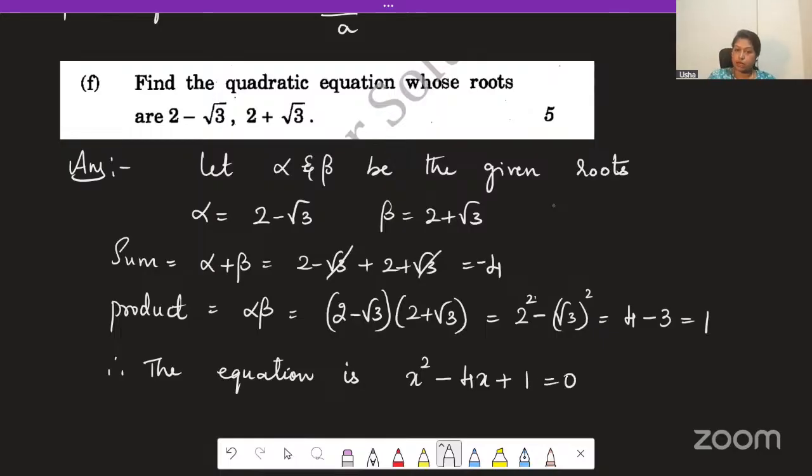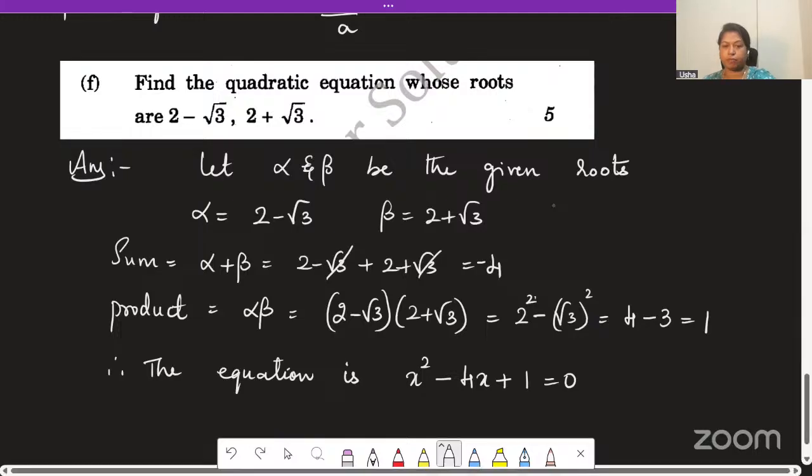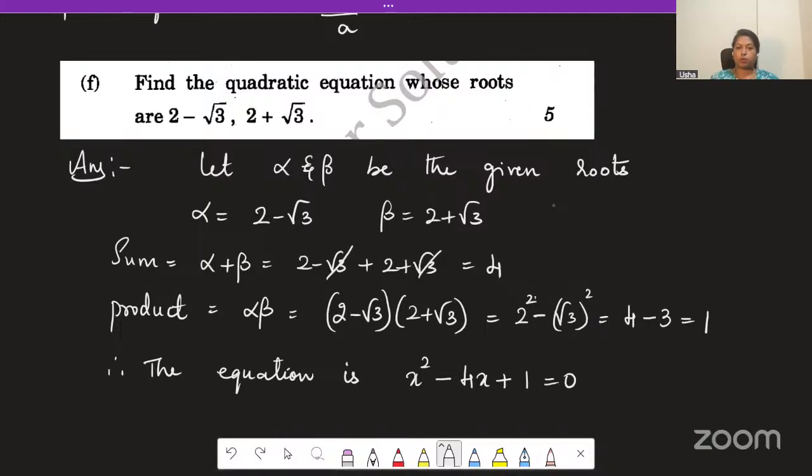Suppose sum is already minus 4, then minus of minus 4 will be plus 4. So make sure you don't make any mistake with the signs. Is this clear, everybody? This is your final answer.